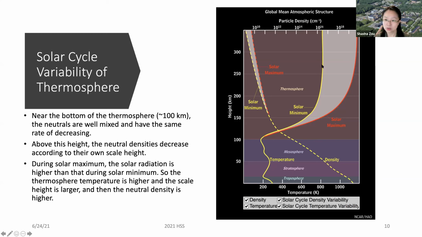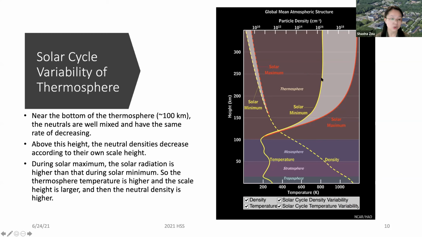During the solar minimum, the thermosphere temperature can be as cold as about 800 Kelvin. During solar maximum, this temperature can shoot all the way up to 1300 or even 1400 Kelvin. So there is a really large solar cycle variation of the thermosphere temperature.